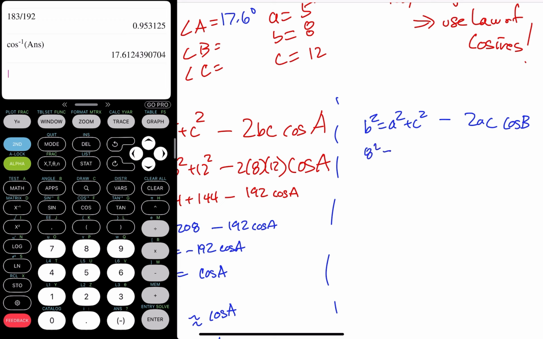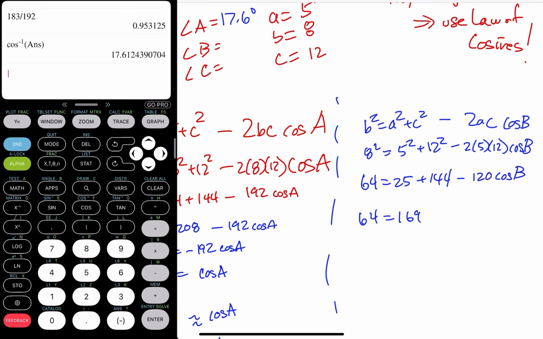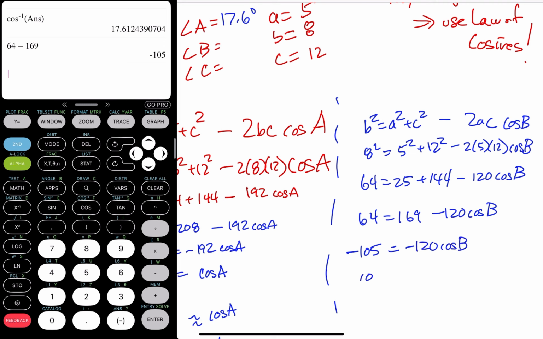So this is going to be 8 squared is equal to 5 squared plus 12 squared minus 2 times 5 times 12 cosine B. 64 equals 25 plus 144, which is 169, minus 10 times 12, which is 120, cosine of B. So now subtract 169 from both sides, and yes, it's minus 105. And then you divide and just get 105 over 120 is the cosine of B.